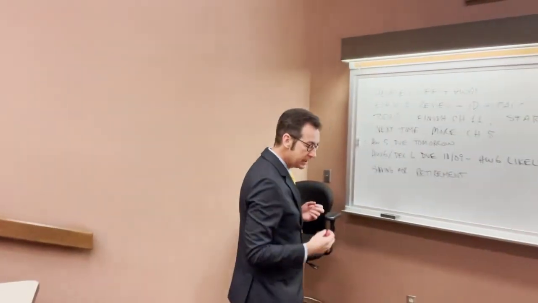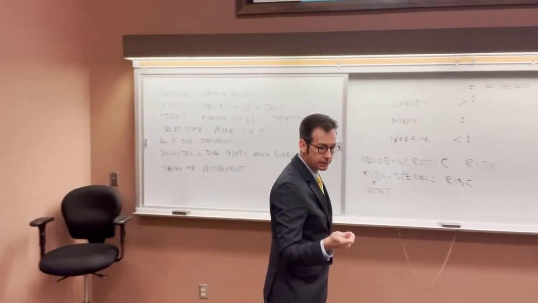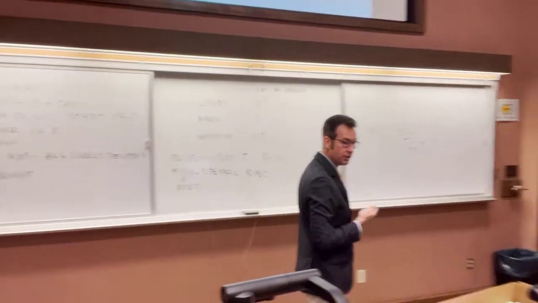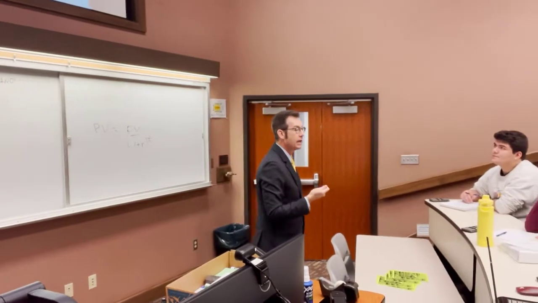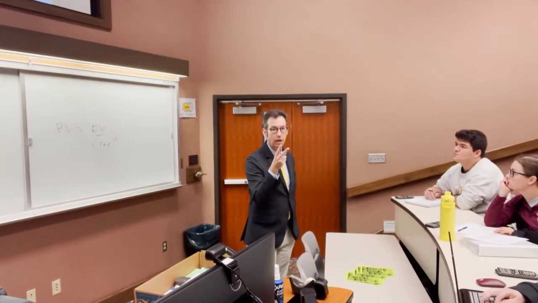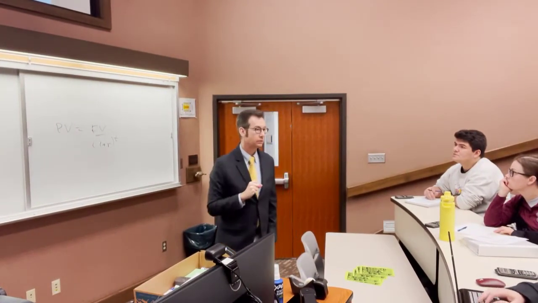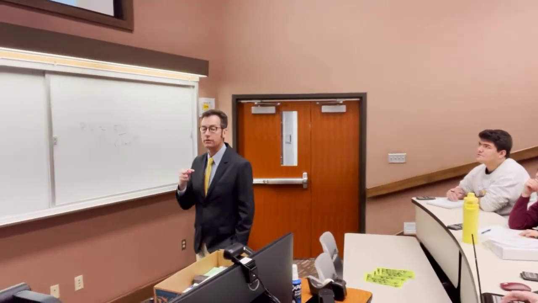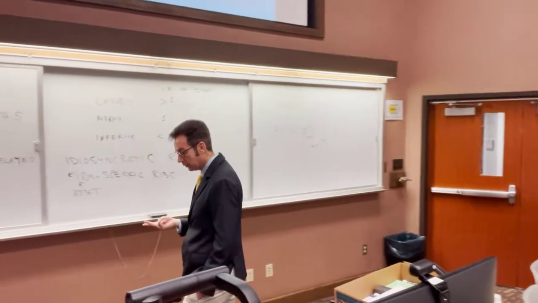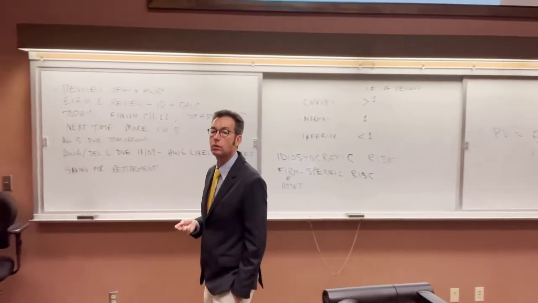But the next one is 0.76. In other words, I'm able to get rid of 24% of the risk simply by adding one stock to my portfolio. That's powerful, and this is just on average.